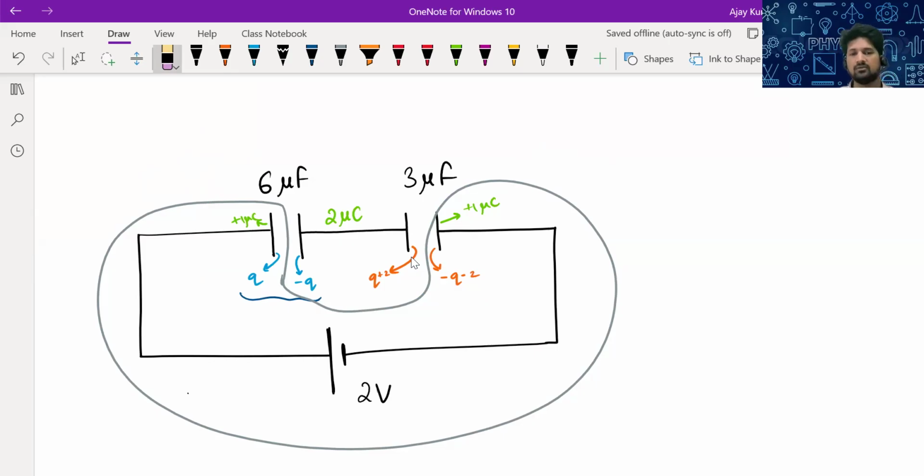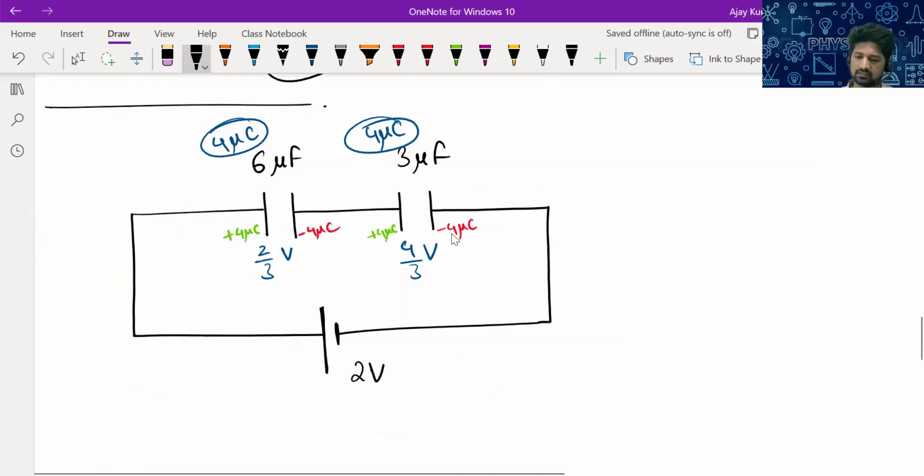Now if you want to know how much energy is stored in each capacitor, basic KVL you will have to apply. The first capacitor, 6 microfarad, on its inner surfaces has a charge of Q and minus Q. That Q and minus Q only will produce the field between its plates.